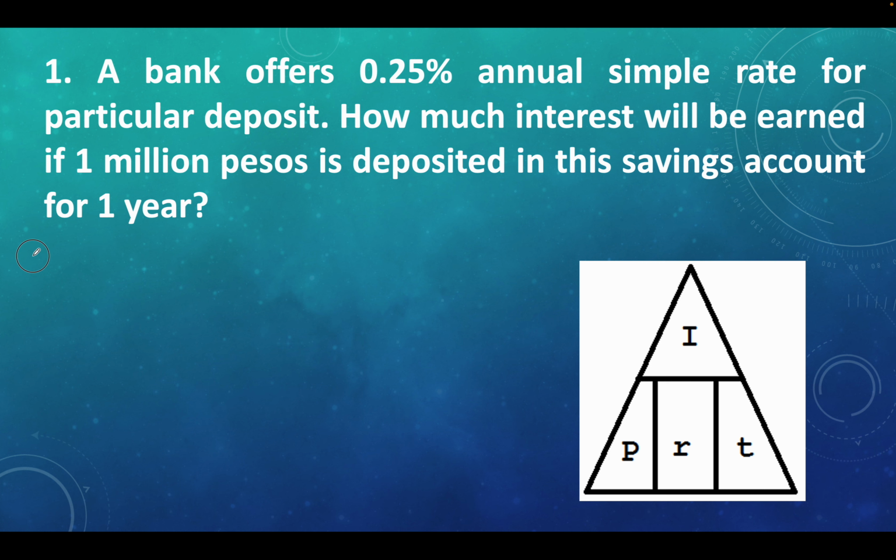So our rate R is equals to 0.25%, or gagawin natin siyang decimal, that will be equal to 0.0025. Okay. Next naman na given natin, how much interest will be earned if 1 million pesos? So yung deposit natin or the principal amount is equals to 1 million pesos.